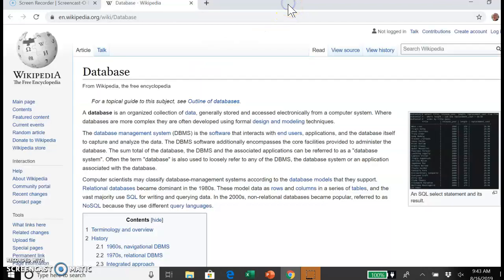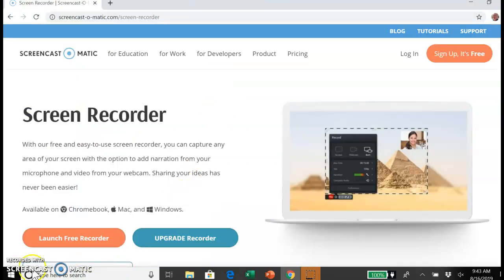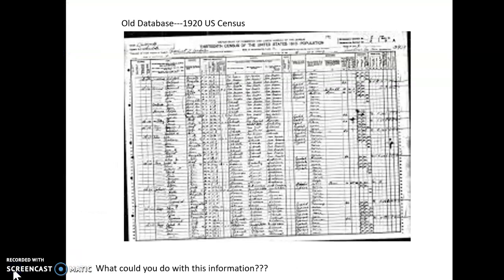So databases, databases, databases. And it looks like I've done a wonderful job of getting rid of our. So I'm sure you're a little confused now about what a database is. I apologize if that's the case. This is fairly legible, I know, but this is a database that does not involve computers because it goes back to the 1920 U.S. Census.